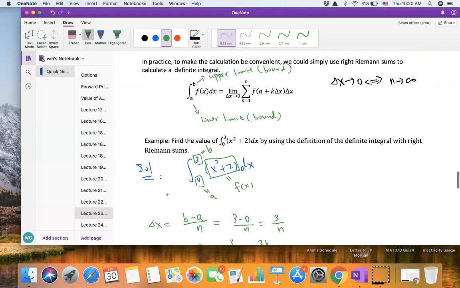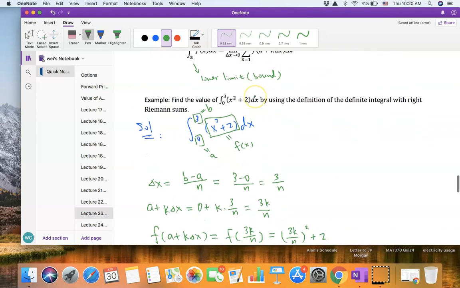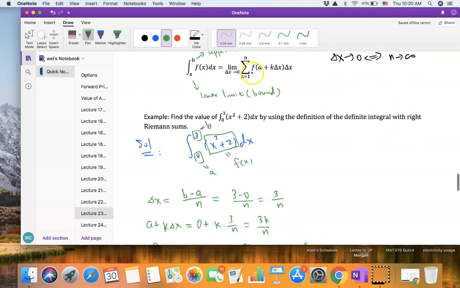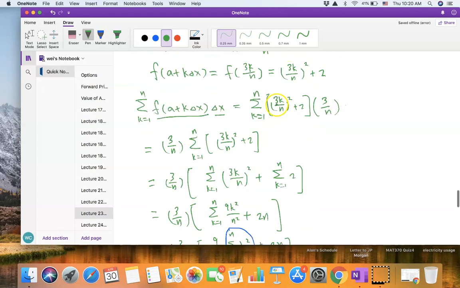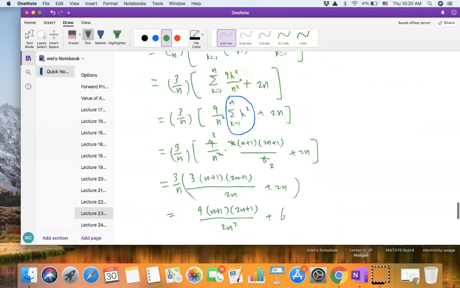Okay. And so the summation of f of a plus k delta x times delta x equals this. Now we take the limit.